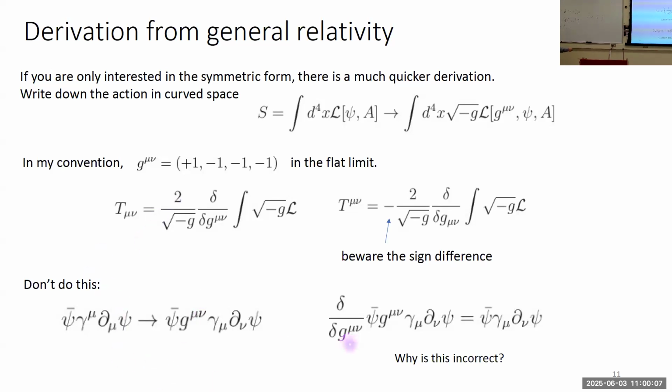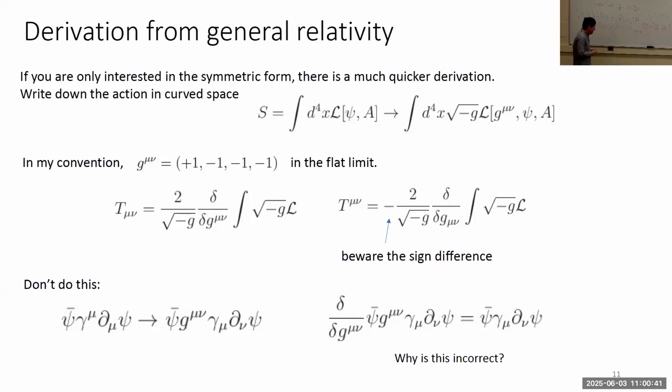The reason is this gamma matrix. What is the gamma matrix in curved space? In flat space, it is defined by g mu nu, which is 1, -1, -1, -1. But if you go to curved space, you need some x dependence, right?